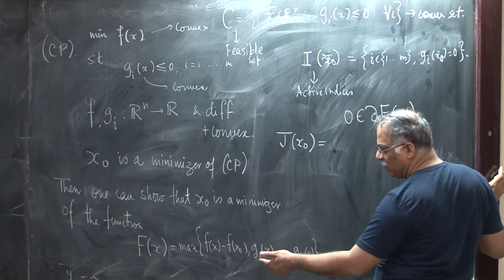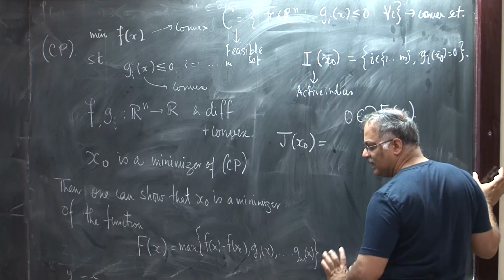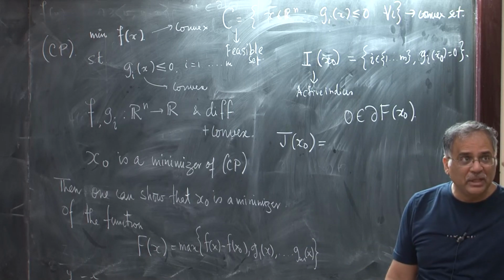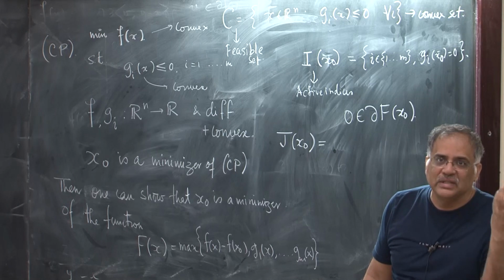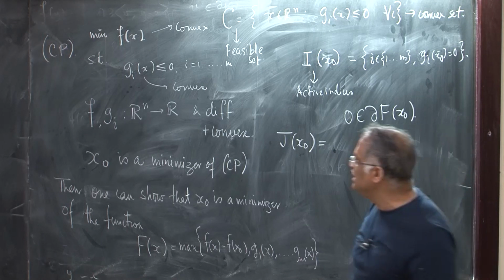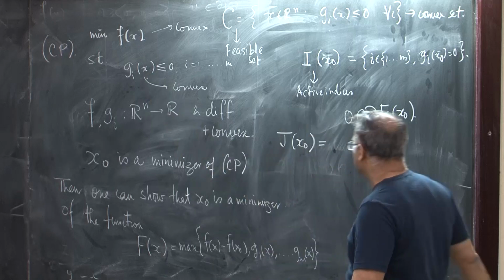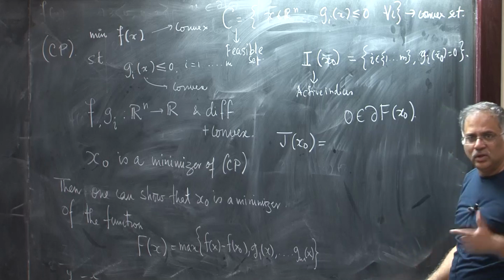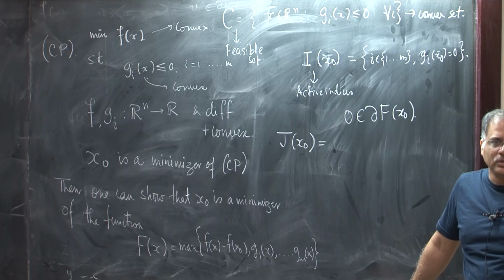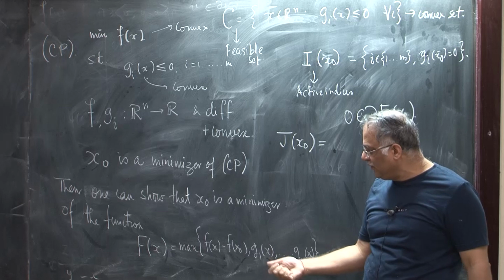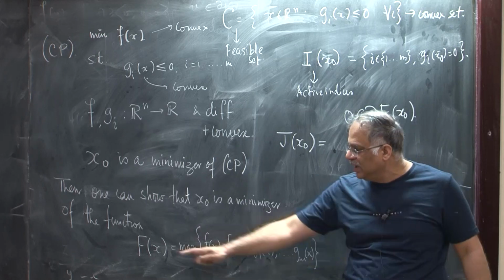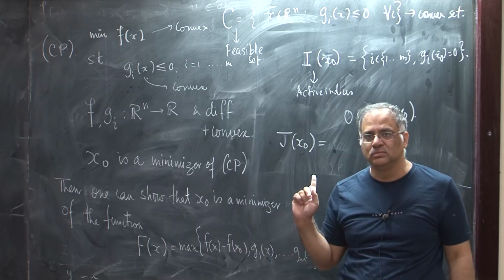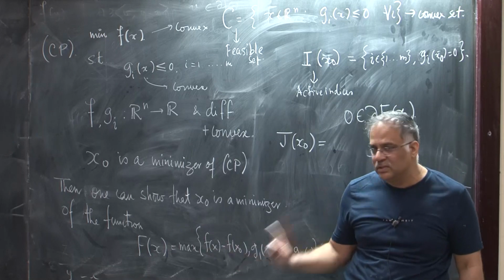There could be some i's for which g_i(x naught) is 0, and for all the other i's, because x naught is a feasible point, because it is a minimizer, it must be feasible for the problem, otherwise there is no use of being a minimizer. The minimizer must also satisfy this inequality. So, g_i(x naught) is either strictly less than 0 or it is equal to 0. But you see, if all of these are strictly less than 0, it does not matter, f_0(x naught) is always equal to 0, because once I put x equal to x naught, this is 0.